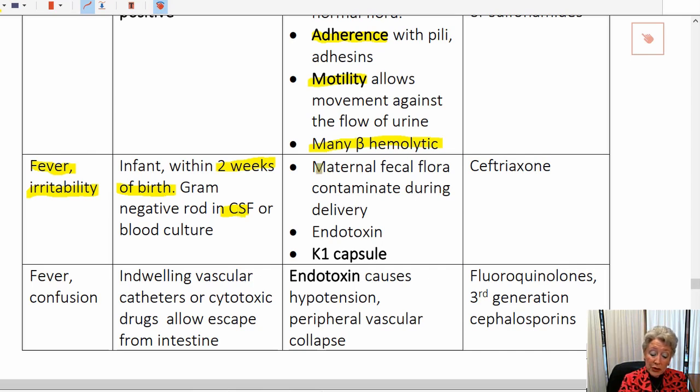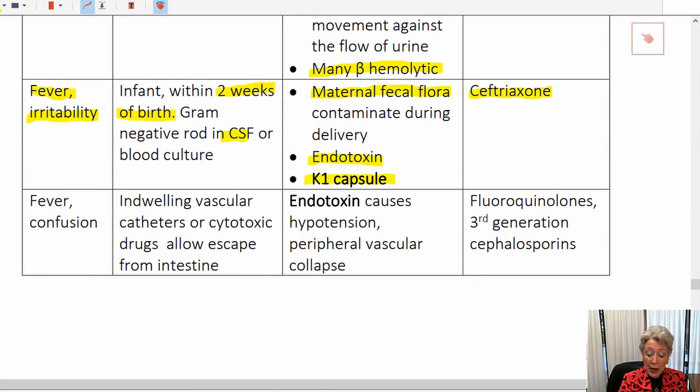The mechanism is that maternal fecal flora will contaminate, and of course, anytime I have something moving from one location to another, I'm going to have the advantage of endotoxin making blood vessels leaky and facilitating that movement. Additionally, the K1 capsular type is typically associated with this presentation, so a clear-cut pathogenic mechanism. Treat with ceftriaxone.